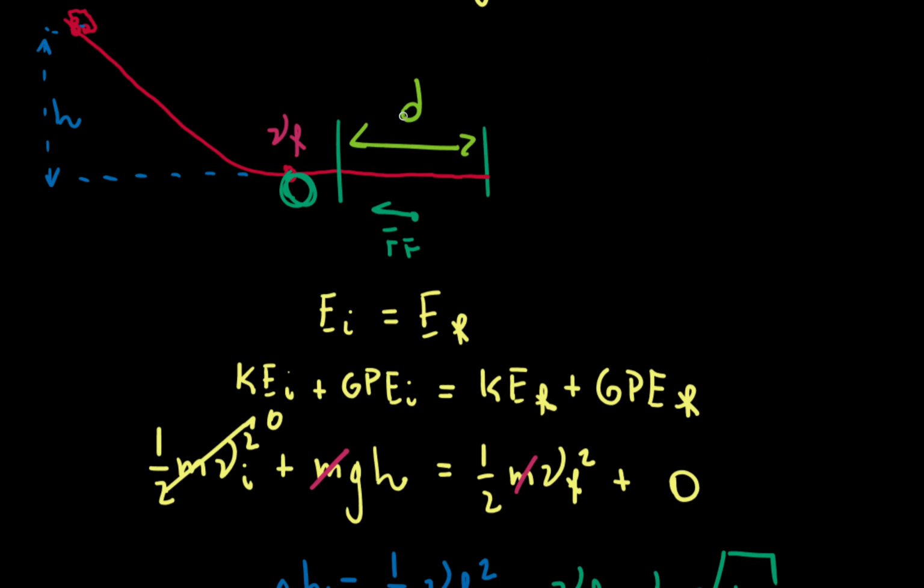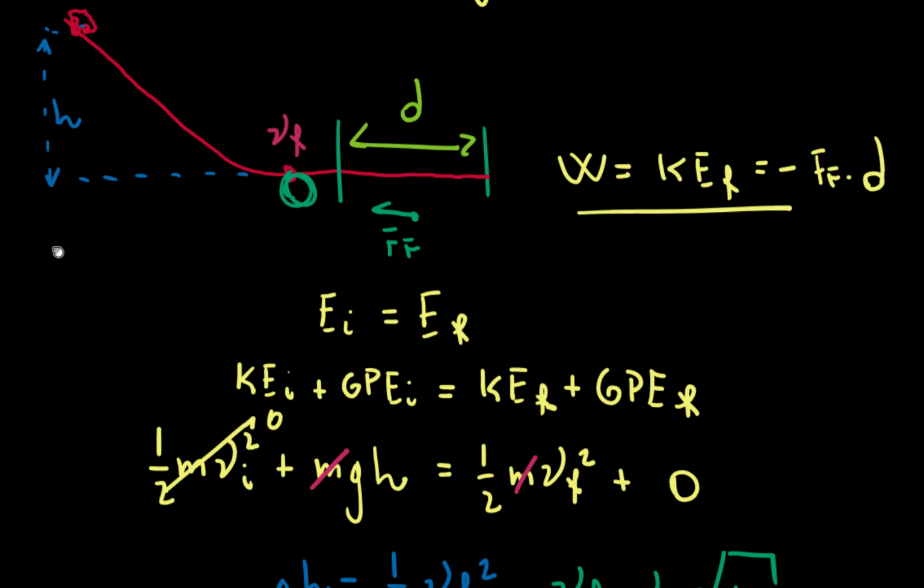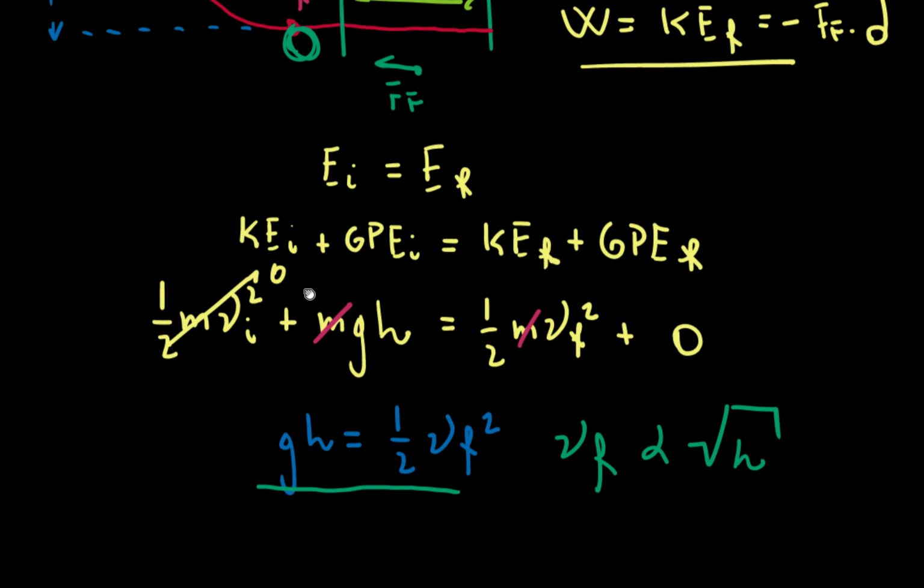So you can imagine that to stop this car, the work needs to be equal to the speed coming in, which is the total kinetic energy final, and it has to be minus force of friction times the stopping distance. So let me take this idea and write this down over here.